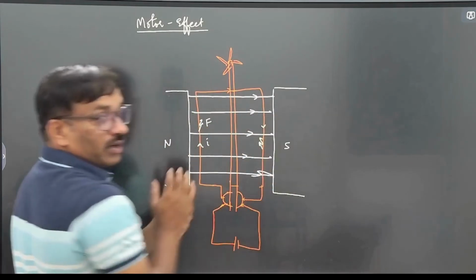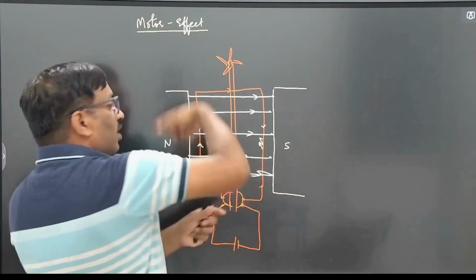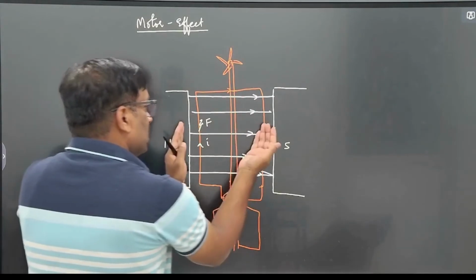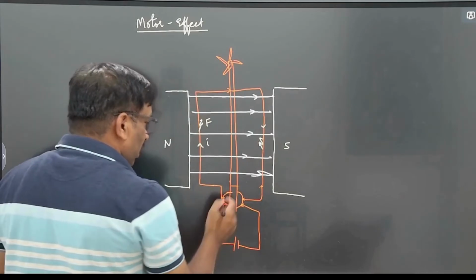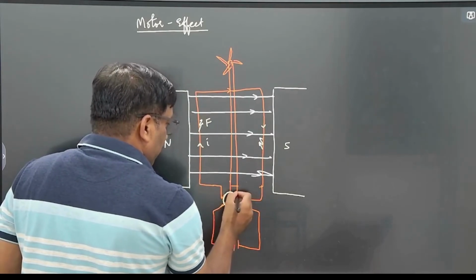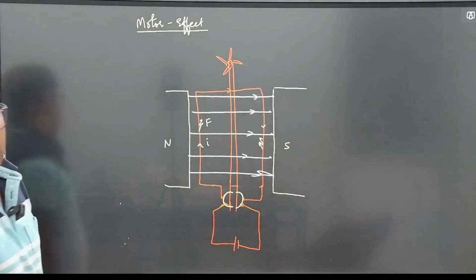We don't want that. We want a full, complete rotation, such that when this part comes here, the current direction should be in this direction. For this purpose only, we take these split rings, so the current always flows in the same direction.